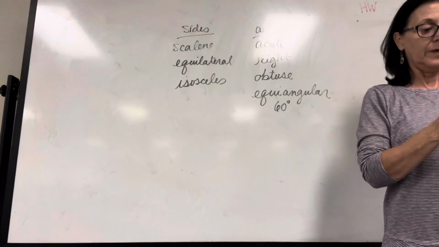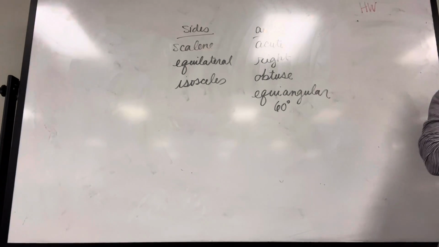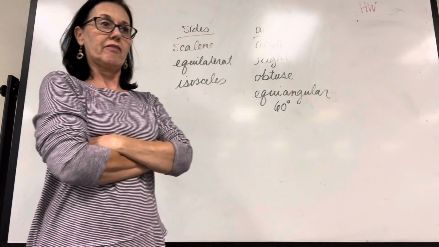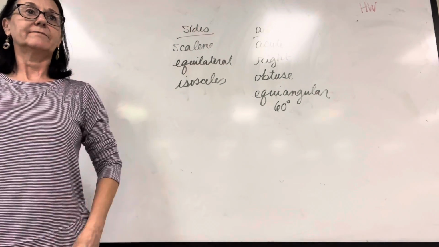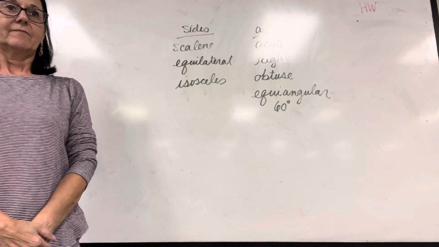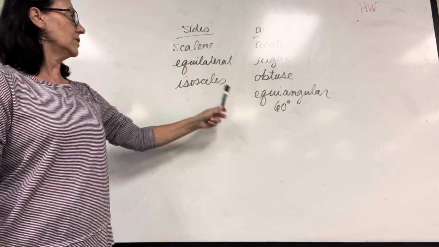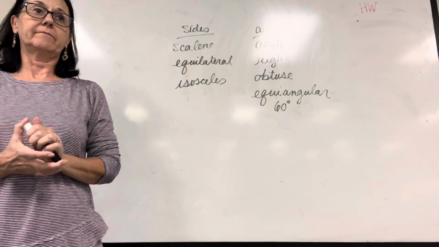So, could an equiangular triangle also have another name? Yes? Well, if all the angles are equal, all the sides are equal, right? That is true. Every equiangular triangle is also equilateral. Would it also have another name?